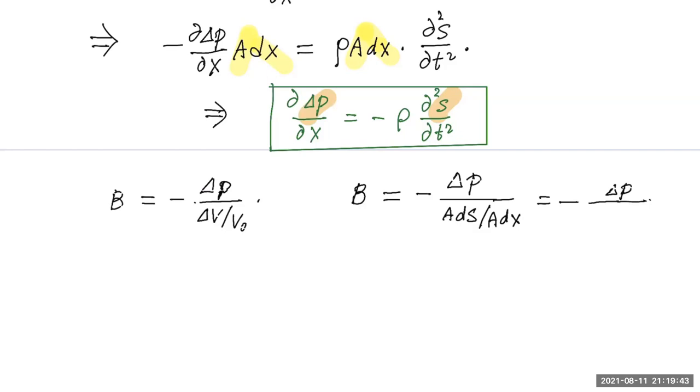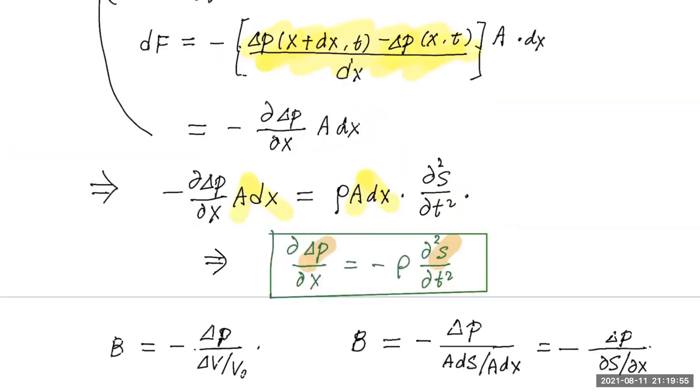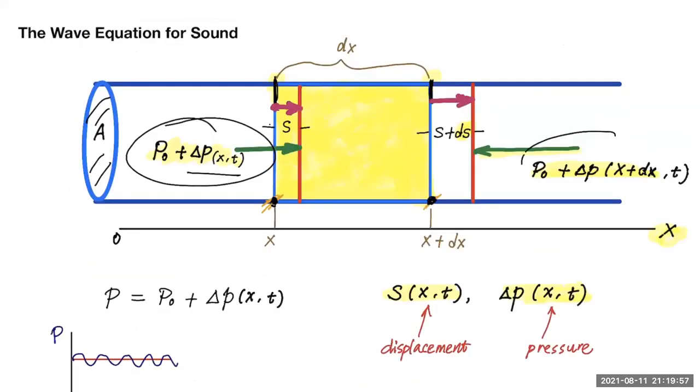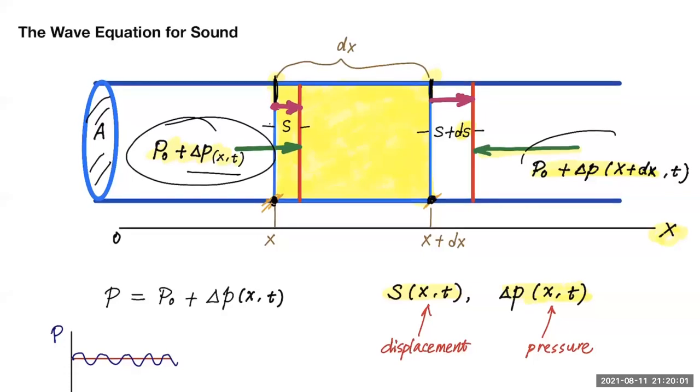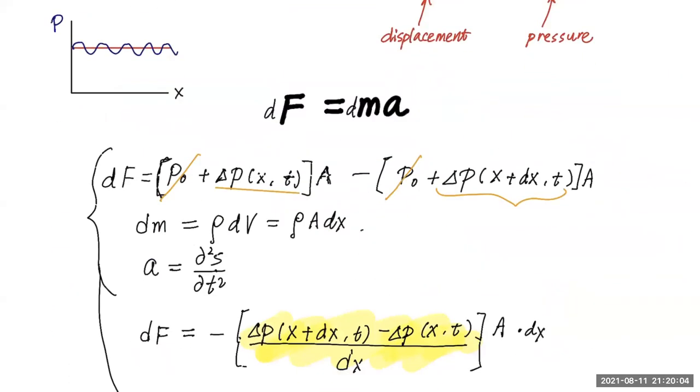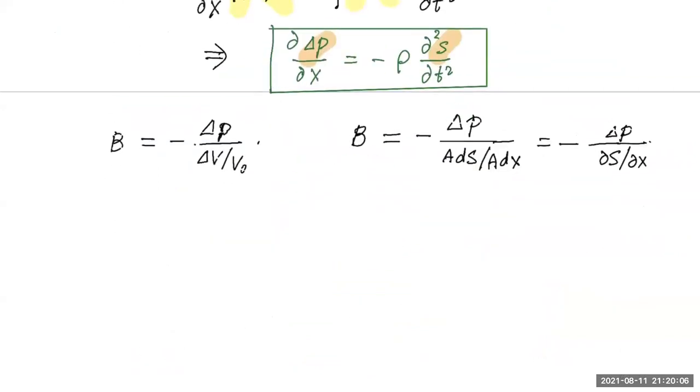Instead of ds over dx, I should do partial s over partial x. Why? Because S is a function of not only X, but also T. And when we look at this diagram here, T is the same for every point. I'm just taking a snapshot of this whole thing at one moment. The T doesn't change. So when you take the derivative, T is kept as constant. Therefore, you have to use a partial derivative.